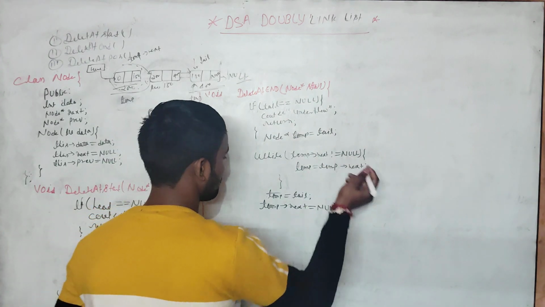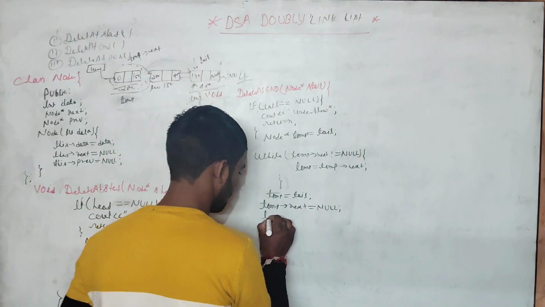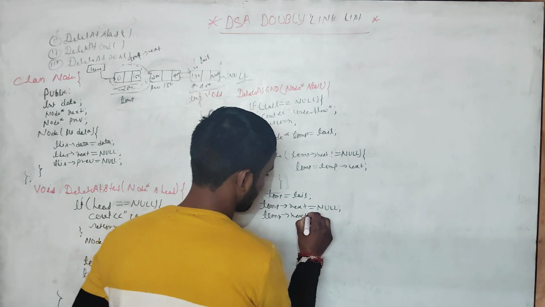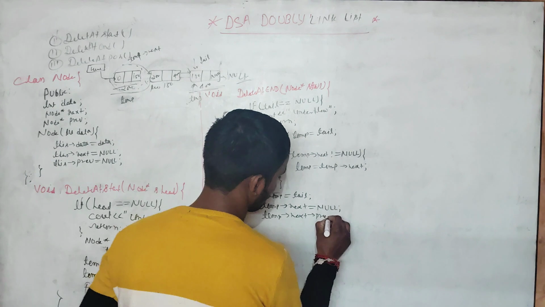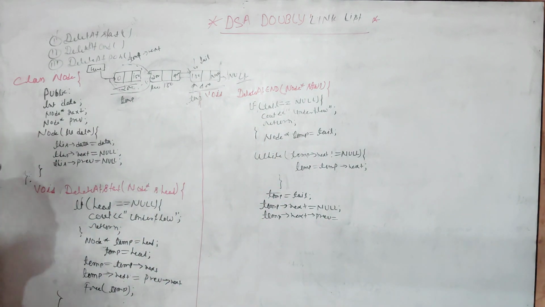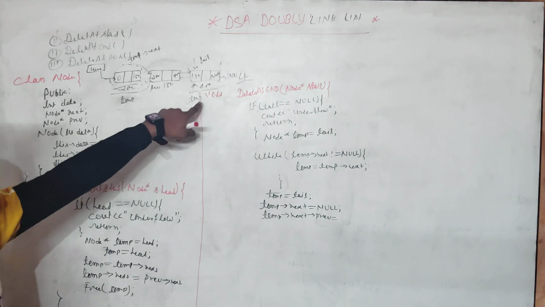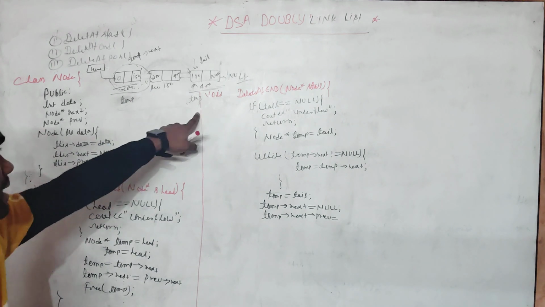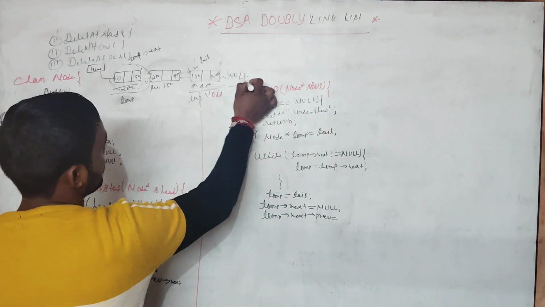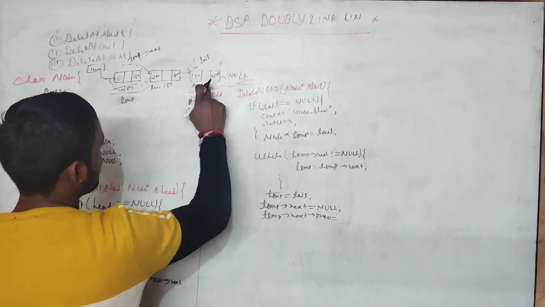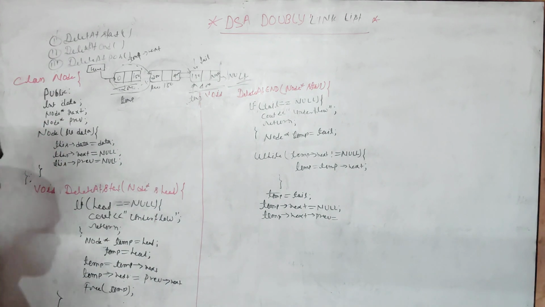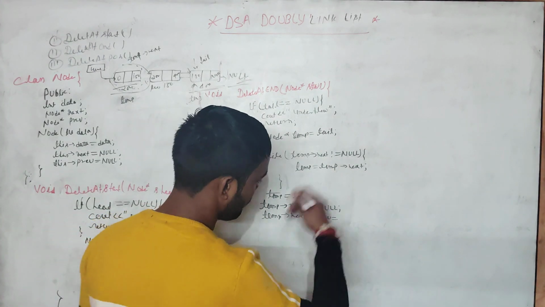Then temp of next previous, temp next of previous is equal to temp of next. Suppose temp of next, okay, because this pointer will not be this pointer, temp will be here, temp of next of previous is equal to previous of next.